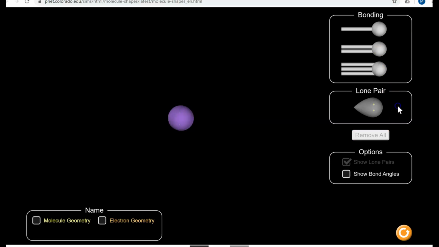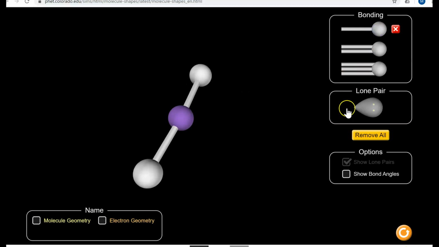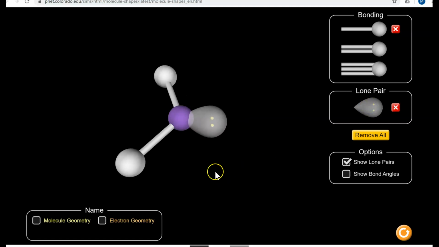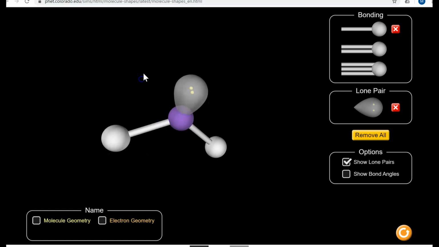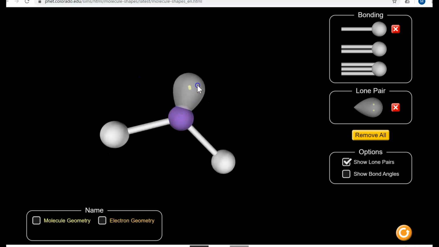I'm going to get rid of those. Now, if I had 3 regions, single bond, I got 2 regions, but now I throw in my 3rd region: 3 total regions, 1's a lone pair. Right there is my shape.